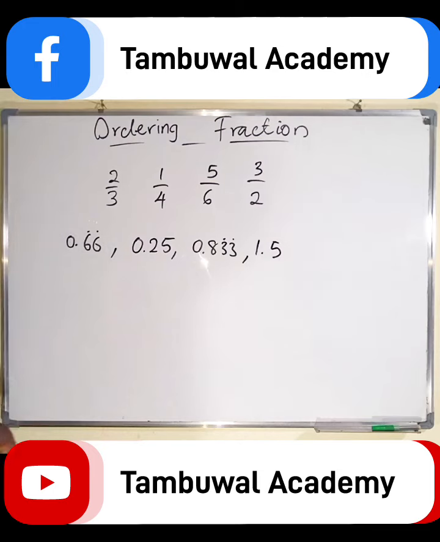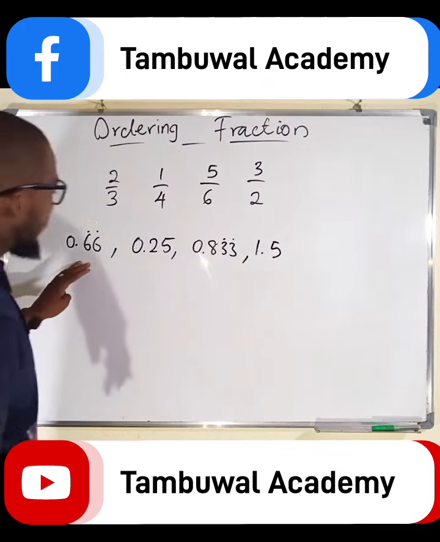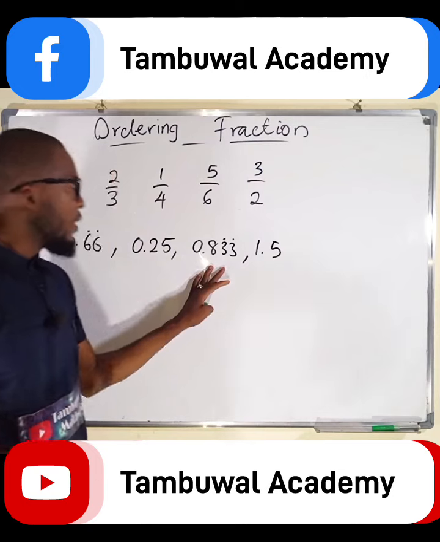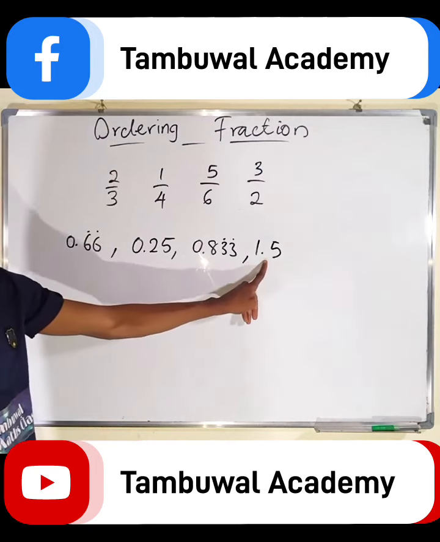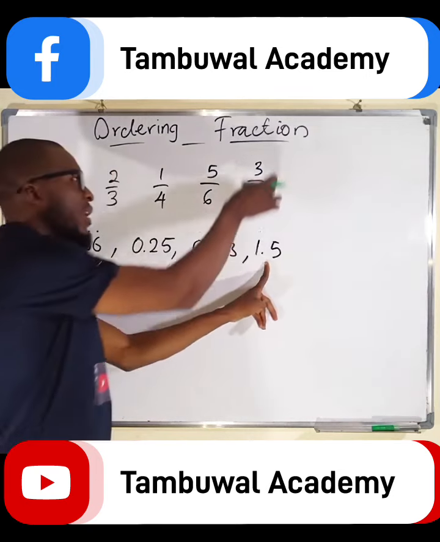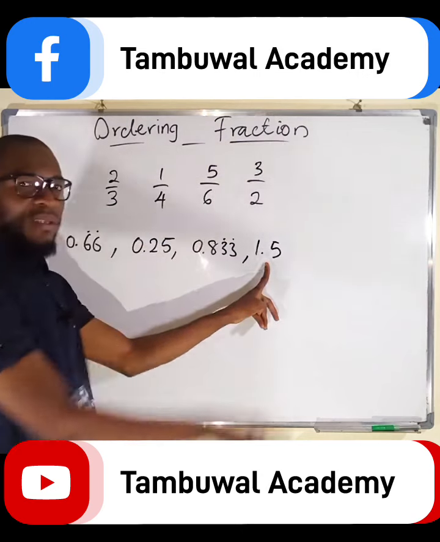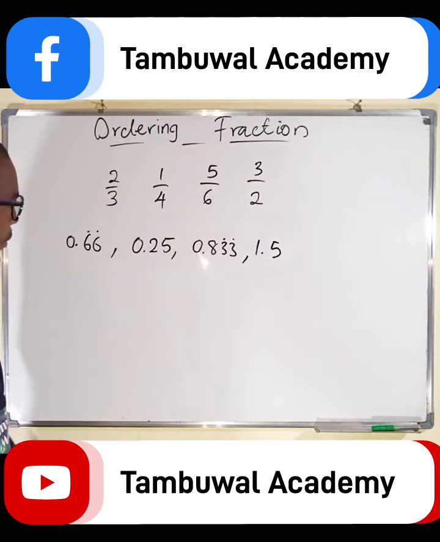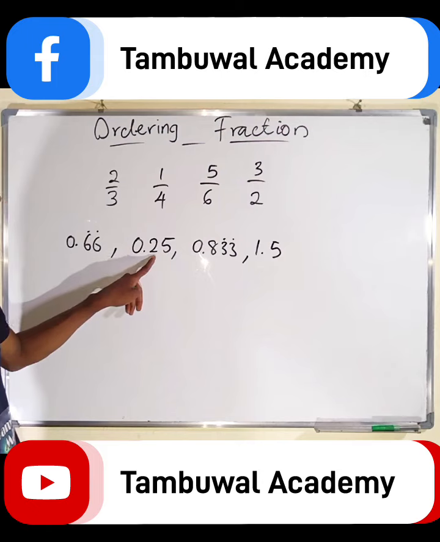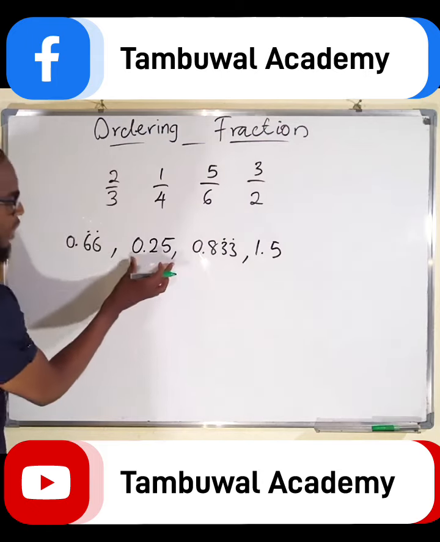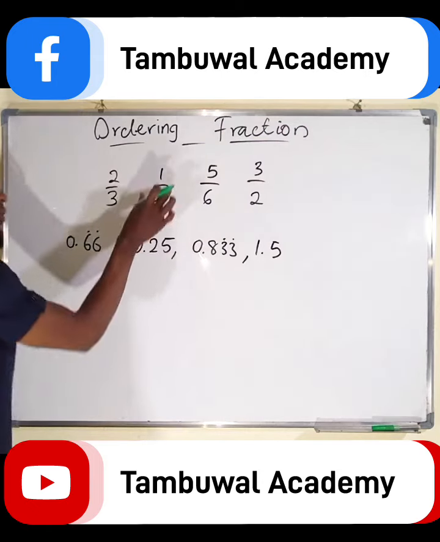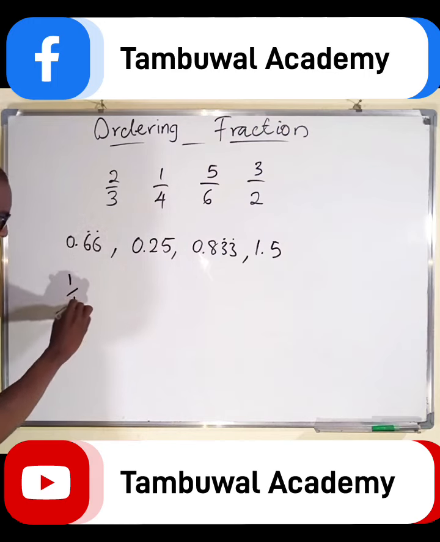It's left for us to identify the biggest decimal number here. The biggest decimal number here is 1.5, and therefore we consider this one as the biggest. And the least here is 0.25, which is 1 over 4. So we can say this is the smallest, which corresponds to this. We have 1 over 4.